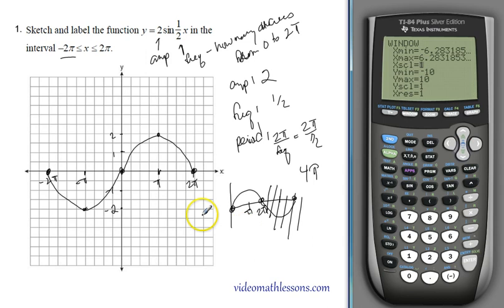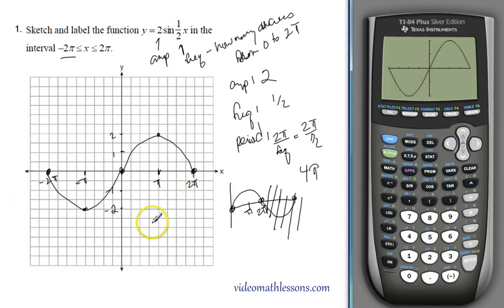Now, since I'm counting by pi's over here, my scale for my x would be pi over 2. Now, the y values, the low is negative 2, high is positive 2. So y min negative 2, y max positive 2. And let's hit graph and see what this looks like. And that's kind of what I have on my curve here, my picture. Look at that nice sine curve.